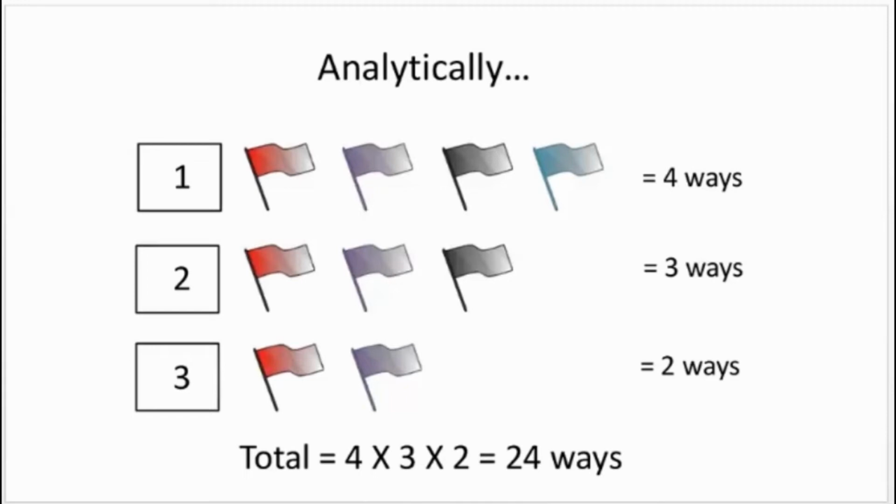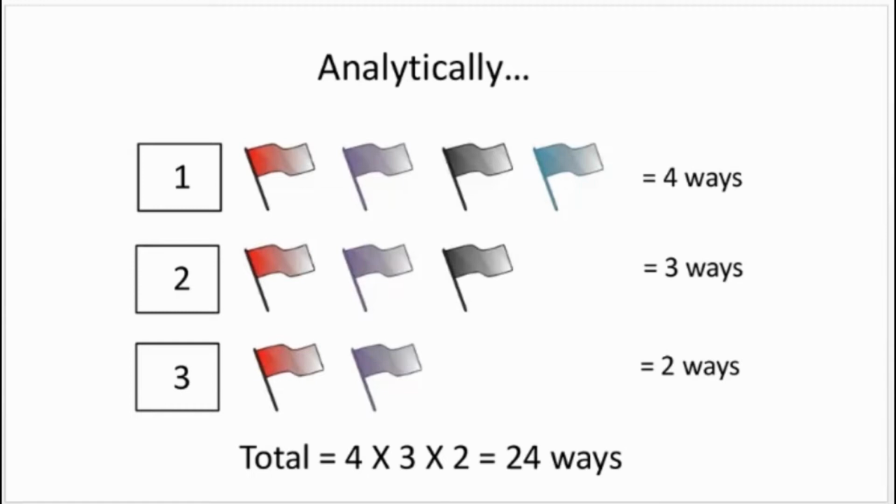Then how many flags are available to choose? First box is already filled by 1, second box is already filled by the second one. Now I have only 2 flags remaining, right? So I can choose to fill the third box using only 2 flags.